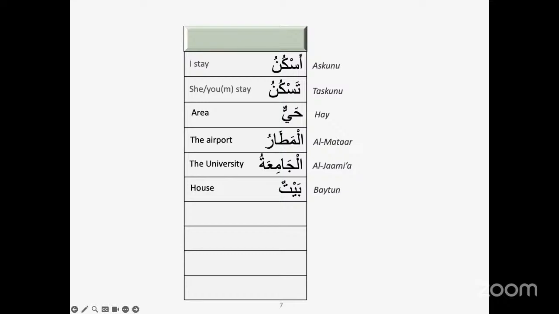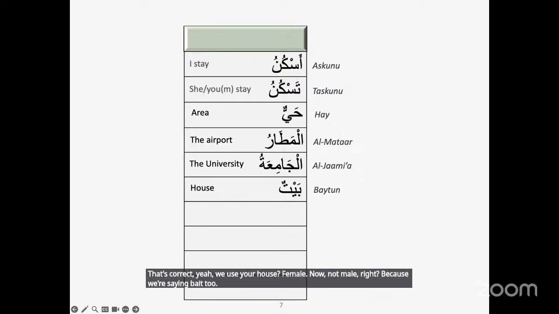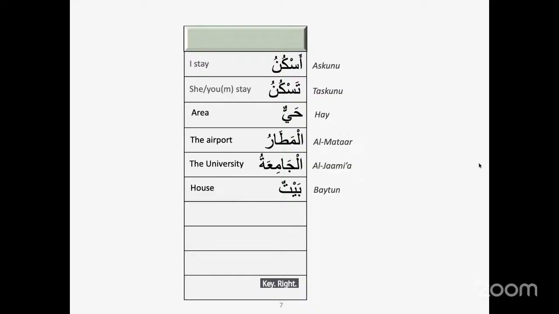That's correct. Where is your house? Female, not male, right? Because you're saying baytuki.